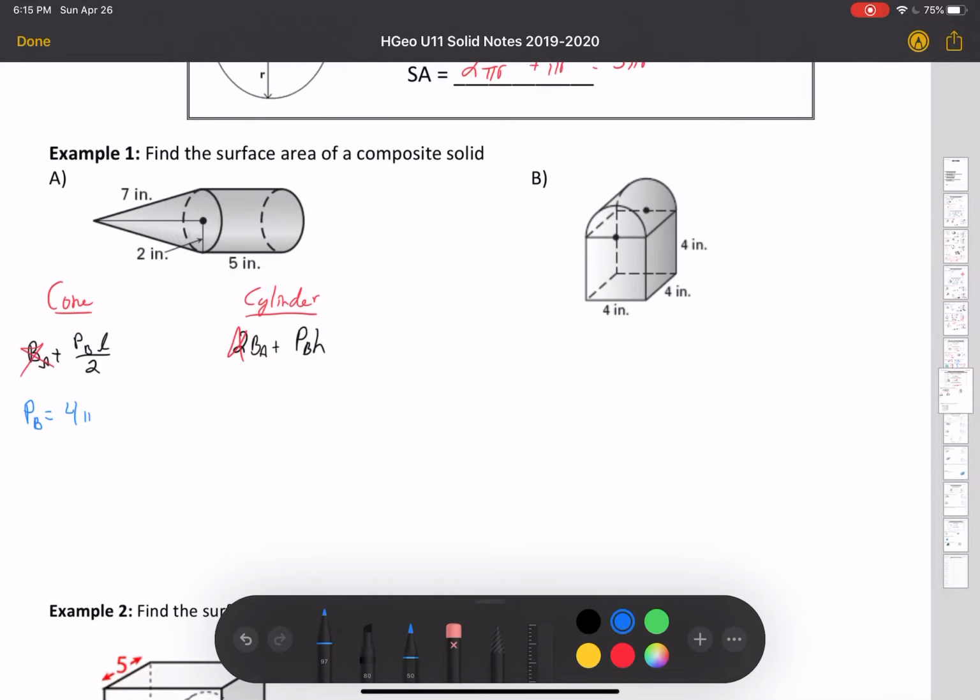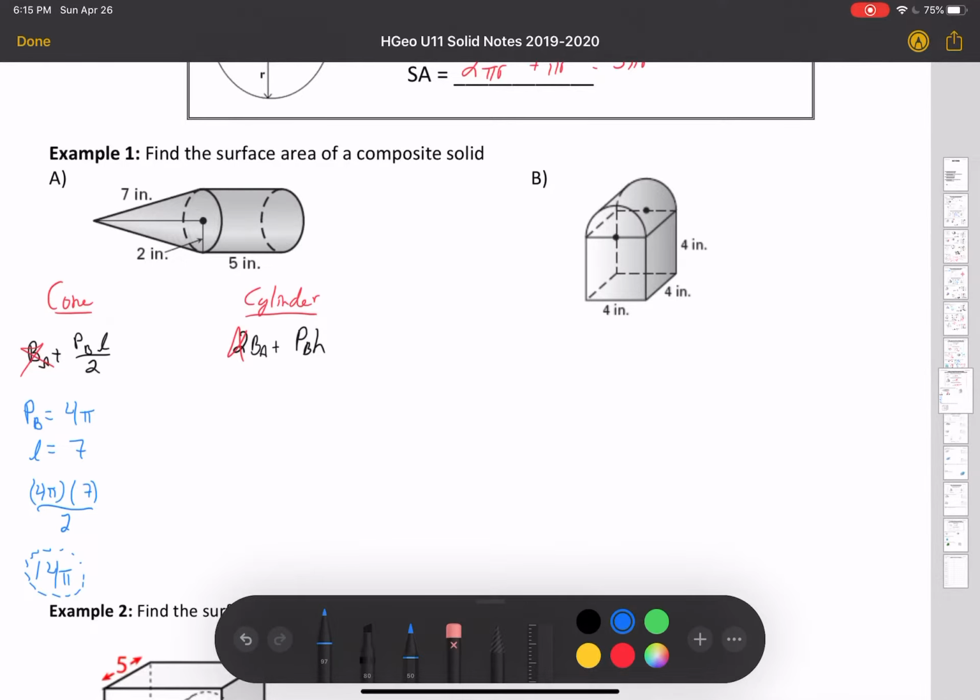So the circumference is going to be 4 pi. Slant height is given to us. That's 7. Okay. Now to find the part for the cone that we can touch, we've got perimeter of the base, 4 pi, times the slant height, which is 7, divided by 2. When I simplify this, that is going to give me 14 pi.